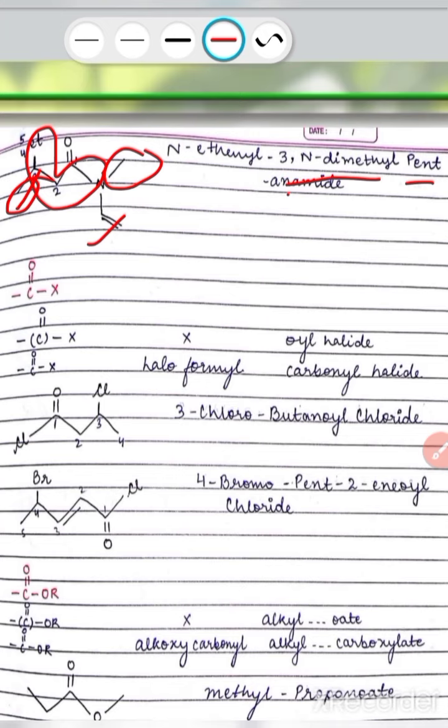So pent, no unsaturation is here, so ane, and then amide. So its final name will be N-ethenyl 3,N-dimethyl pentane amide.